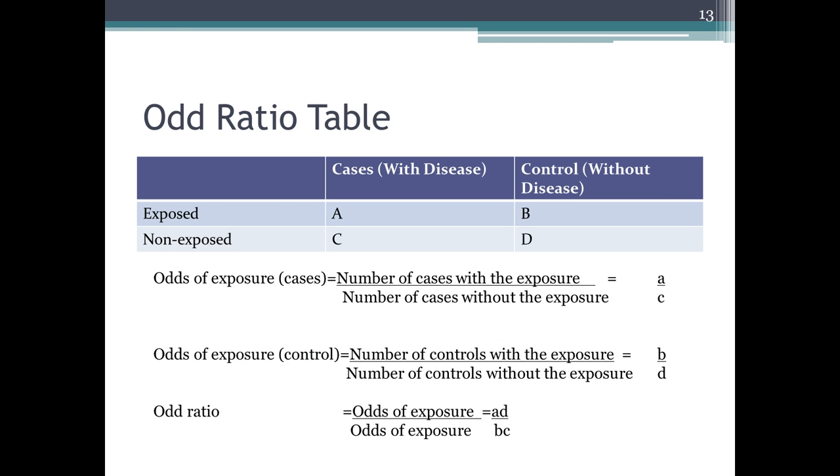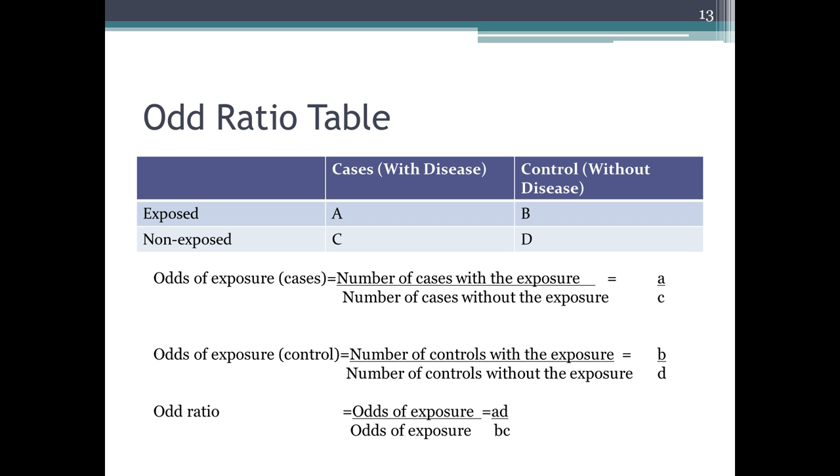When we look at the calculation of the odds ratio, there's a simple 2x2 table. You have exposed for the cases, and that's A. That's cases with disease who developed the disease and had been exposed. And for the control, it's for those who have been exposed but did not develop the disease.